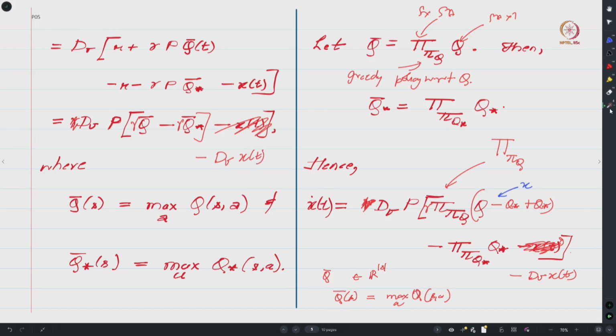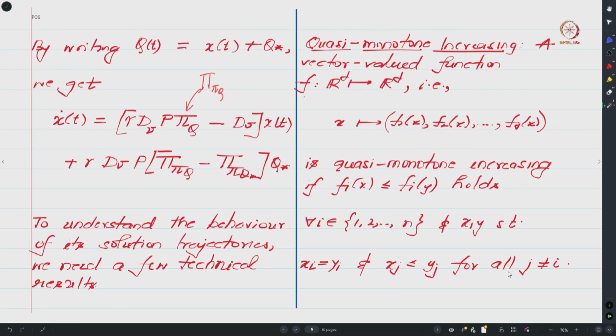So d nu times minus x of t is what you should have. I inadvertently took this p and said that the p multiplies this x of t as well, so that was a mistake, right. So this d nu x of t is there, and if you take d nu outside, you would see this expression that I have written over here.